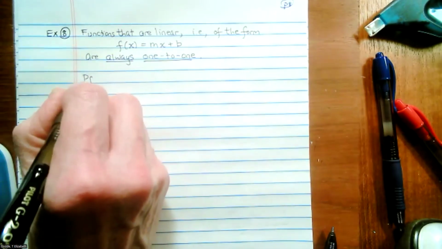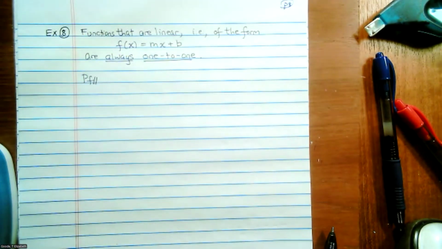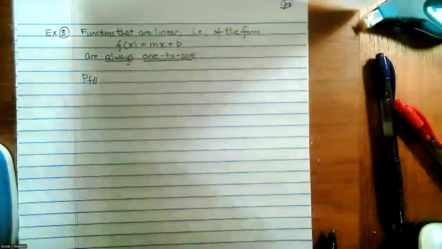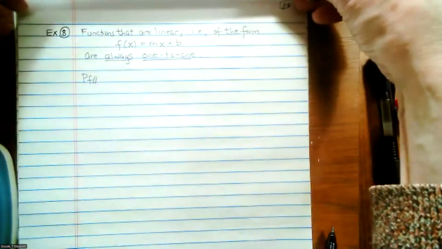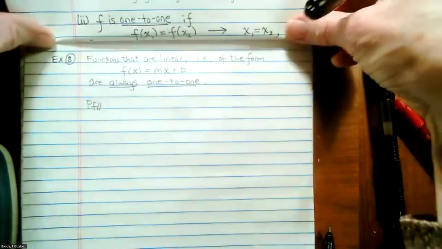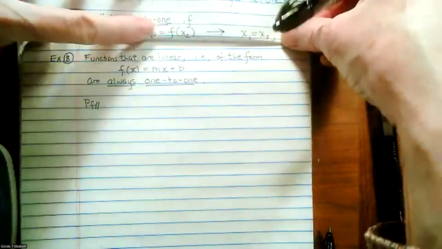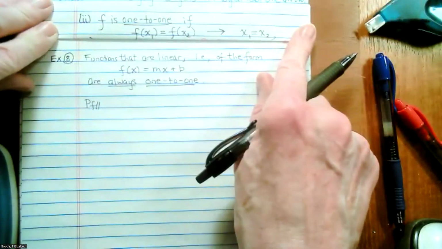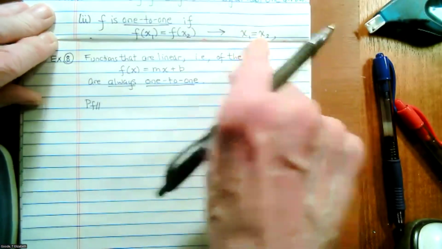So in our proof, if we go back and consider the definition of 1-to-1, and it's an if-then definition, that f of x1 equaling f of x2 is sufficient to force x1 to equal x2.